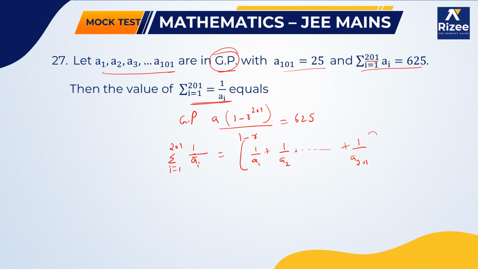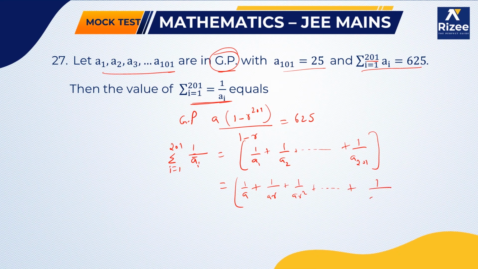Simply, 1 by a1 can be written as 1 by a, 1 by a2 can be written as 1 by ar, 1 by a3 can be written as 1 by ar square, plus so on, up to 1 by a r power 200.